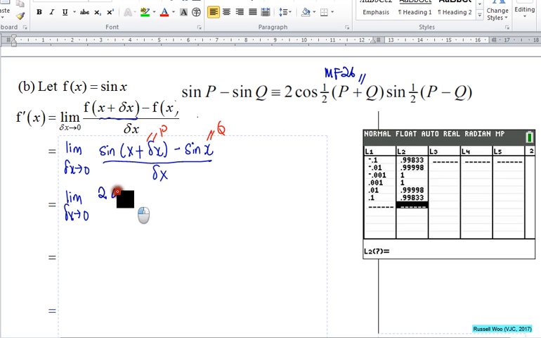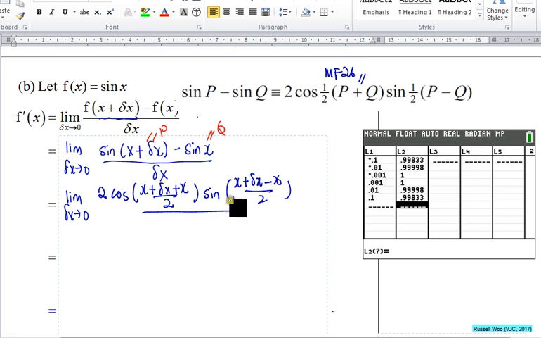2 cosine of (P plus Q) over 2, which is (x plus delta x plus x) over 2. And then you have sine of (P minus Q) over 2, which is (x plus delta x minus x) over 2.